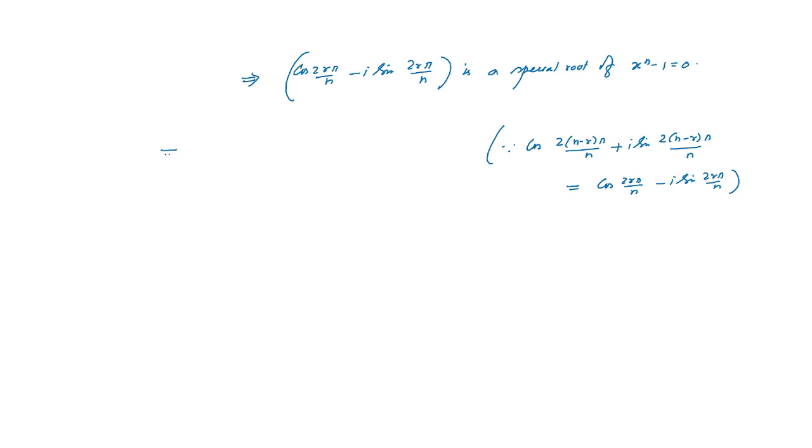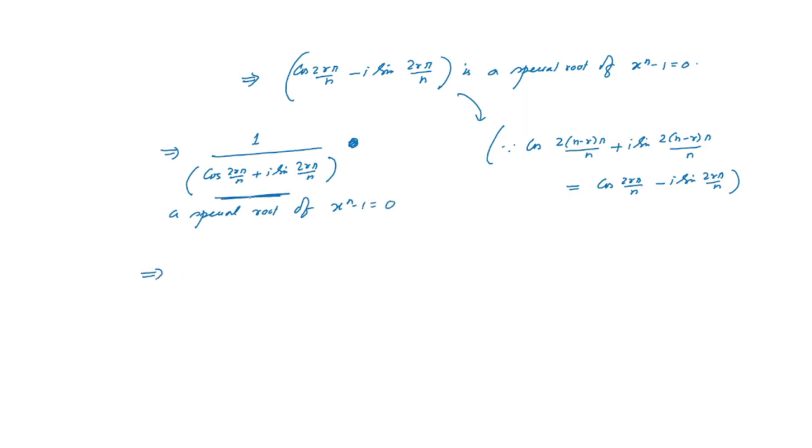And this implies 1 by (cos 2r pi by n plus i sin 2r pi by n) is a special root of x to the power n minus 1 equals 0.